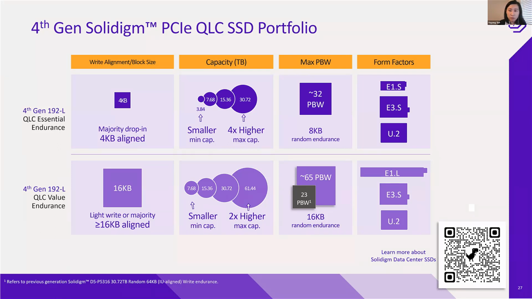And for the form factors, we offer a wide range of form factors, ranging from E1.S, E3.S, U.2, and E1.L. So I just want to go back to the capacity a little bit to give you a perspective of what 61.44 terabyte means.